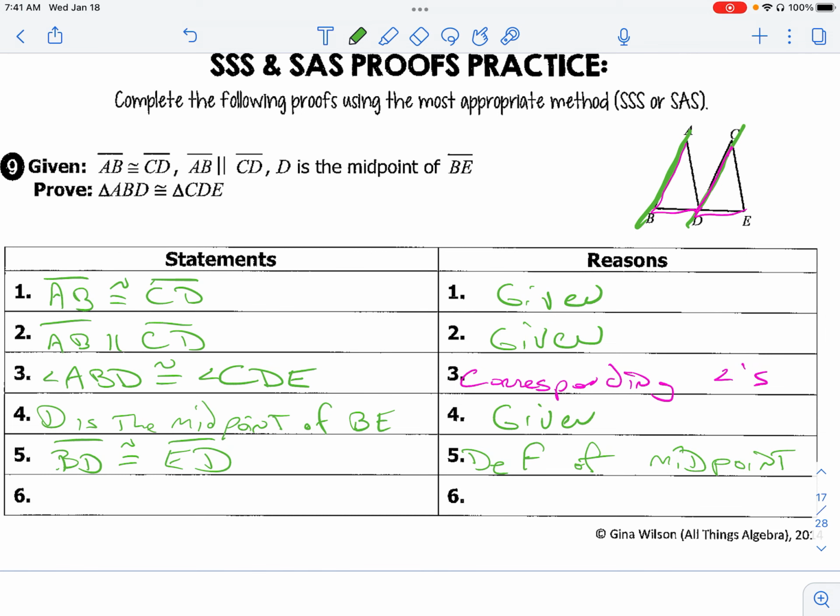So we have, let's get rid, this angle is congruent to this angle. This side is congruent to this side here. We were already given that AB is congruent to CD, so we know that this is true. And so triangle ABD is congruent to triangle CDE by SAS.